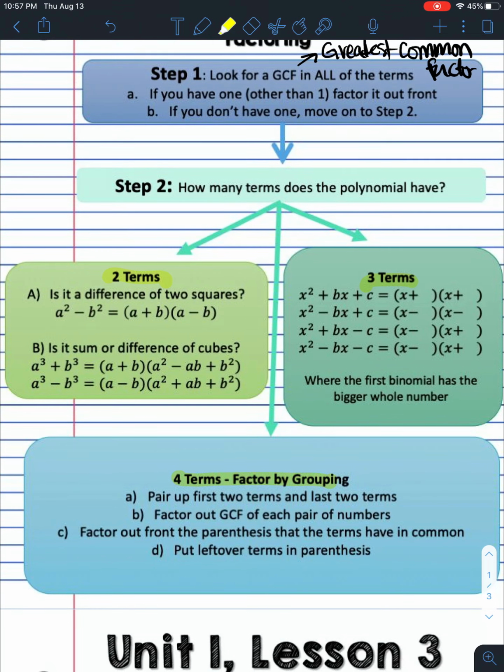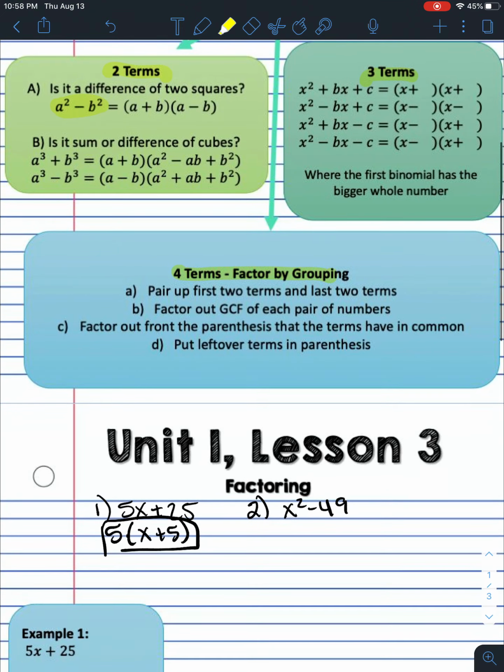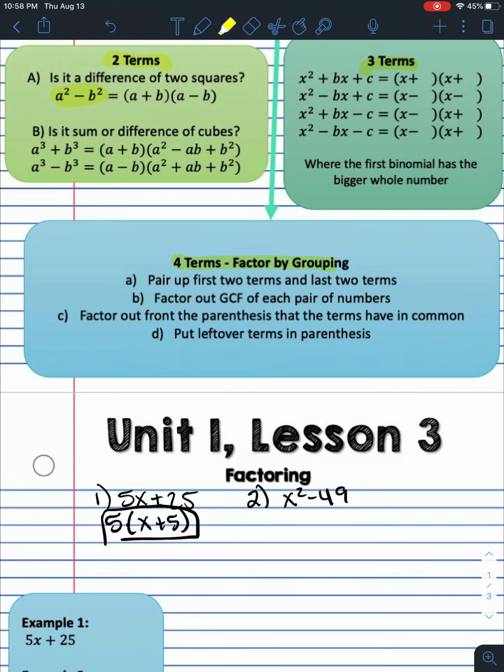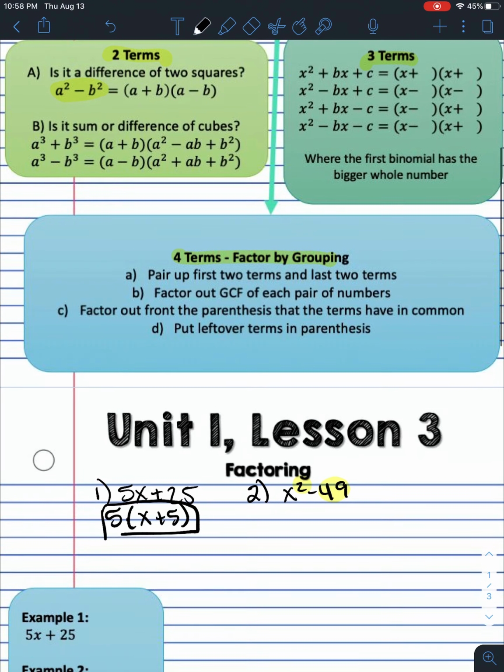So does it look like something that has a squared minus b squared? Or is it a difference of cubes? Does it have a cubed plus b cubed or a cubed minus b cubed? Well, here we have squared, and 49 is a perfect square, right? So I'm going to say that we're going to go with A.